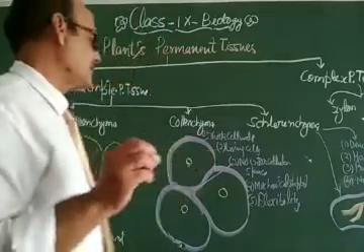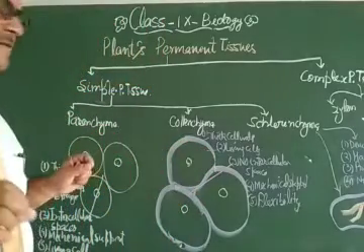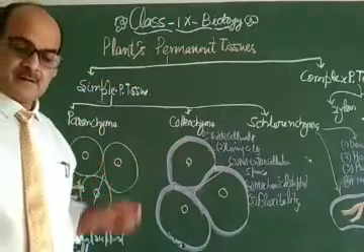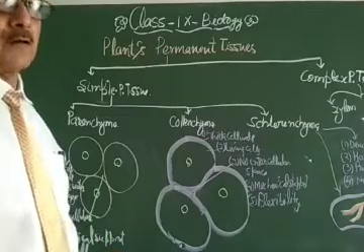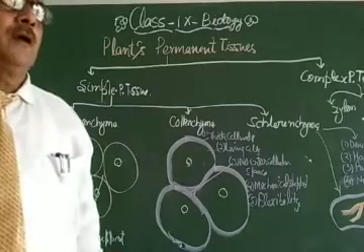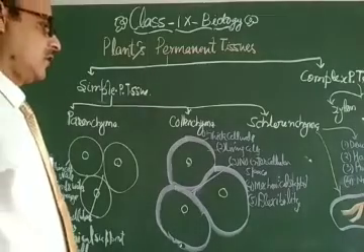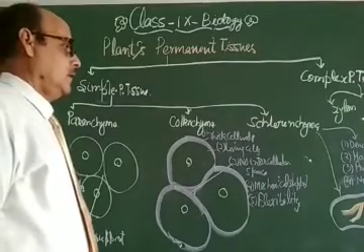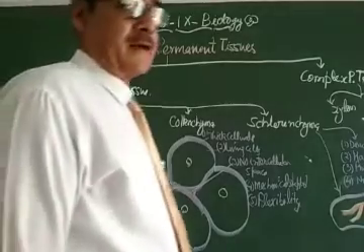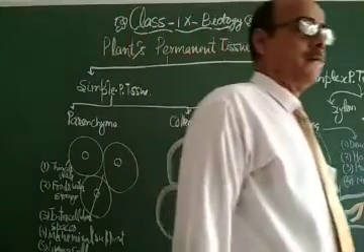These simple cells, when they get dead, get converted into the complex permanent tissue, and the complex permanent tissue is of two types, that is xylem and phloem.